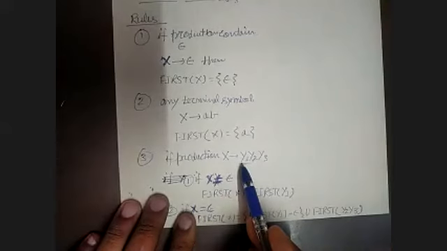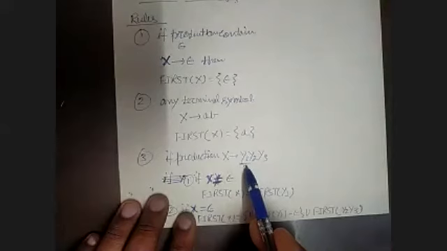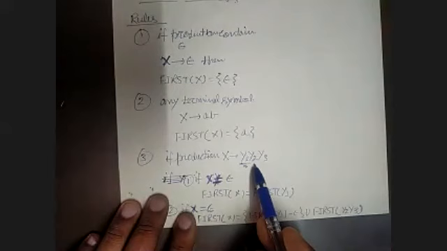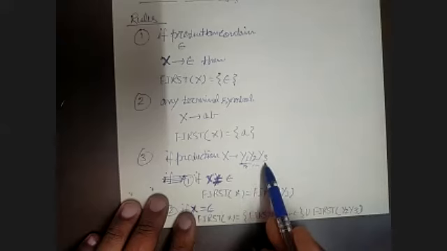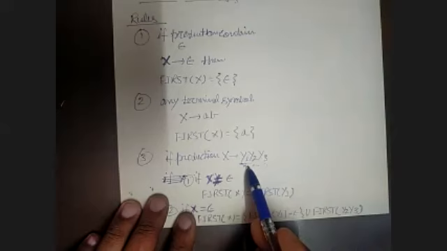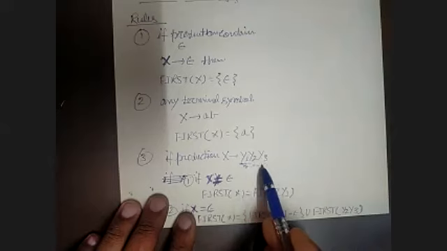The meaning is that we already told you, if the production of Y1 contains epsilon, then we again find out the next non-terminal's first. If this non-terminal also contains epsilon, we find out the next non-terminal's first. Suppose Y1 does not contain epsilon, so there is no need to find out the first of Y2 or first of Y3.